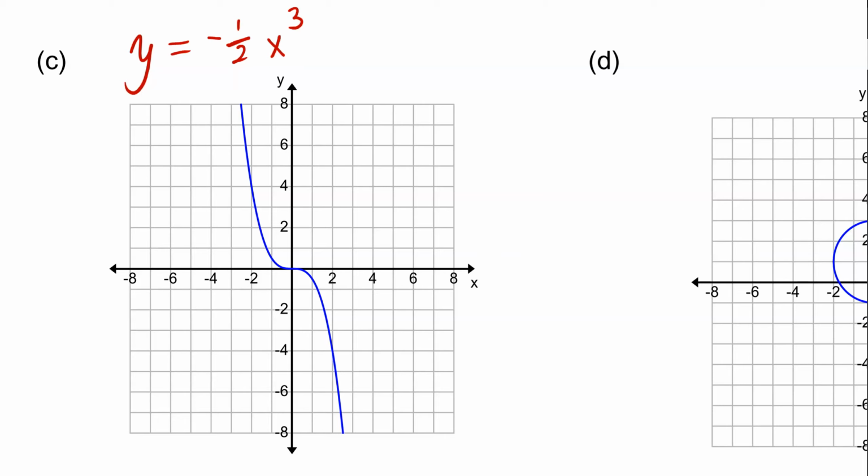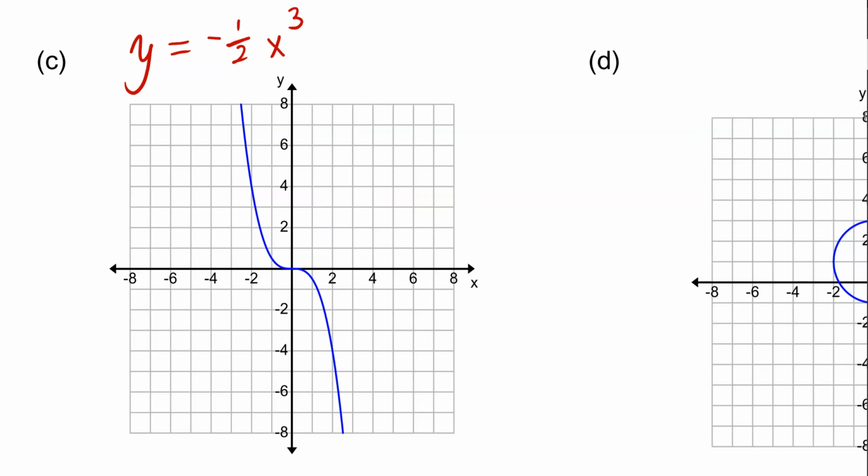I'll teach you how to find the equations in the future. Okay. So, is this symmetric with the x-axis? No, because it's not just a mirror image across. Is it symmetric with respect to the y? No, because it's not just a mirrored image across.